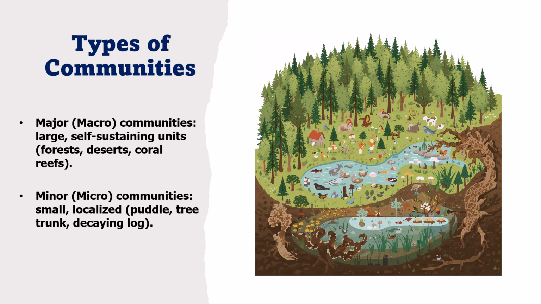These minor communities are often studied to understand localized interactions and processes. Both types are essential for ecological research as they reveal how living systems organize at different scales and how smaller units contribute to the stability of large ecosystems.